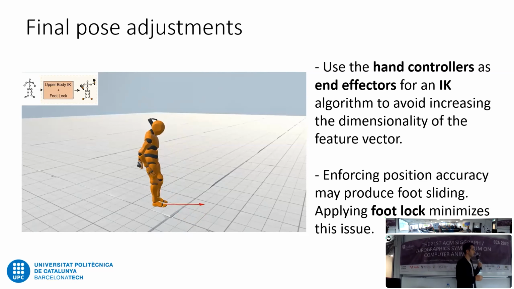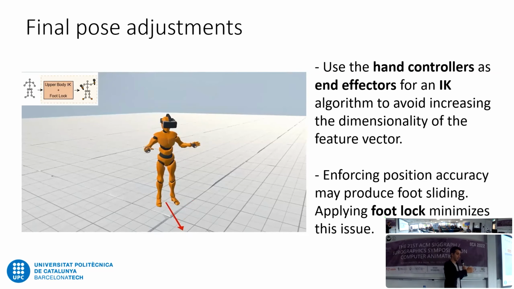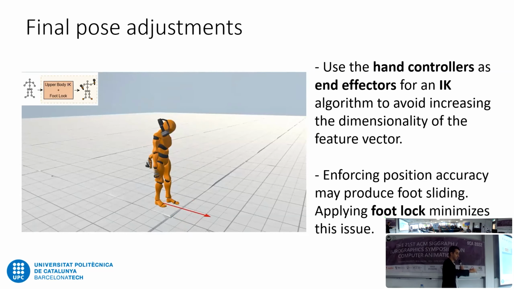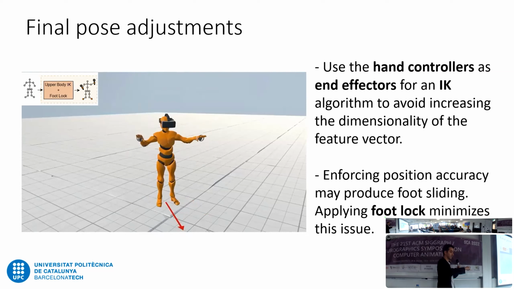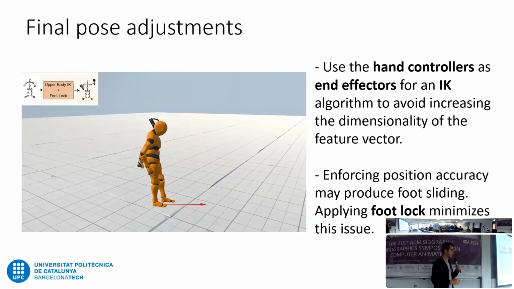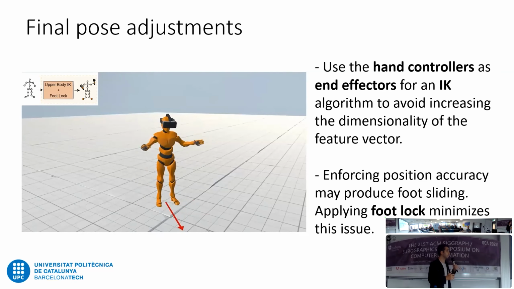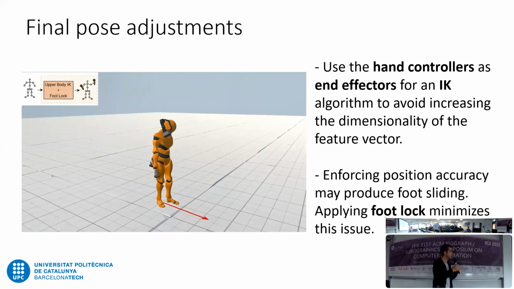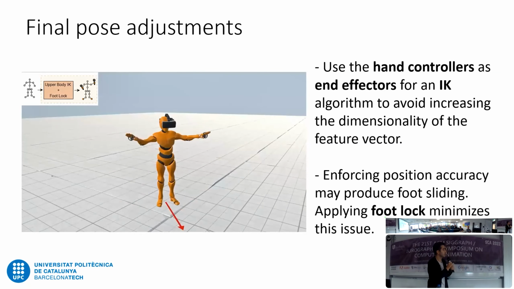What I was saying at the beginning is that in VR, the user really wants the avatar hand to be in the real position, the position of the user's hand, because users can notice any drift in the hand position. So by applying inverse kinematics, as most applications do for the upper body, we can get accurate hand positioning, and you can see here.